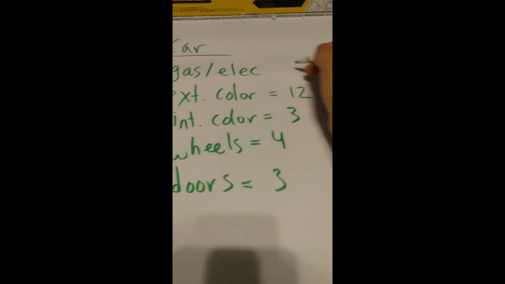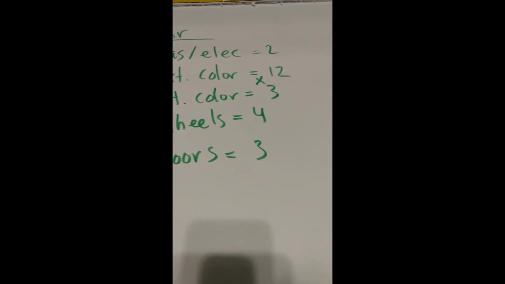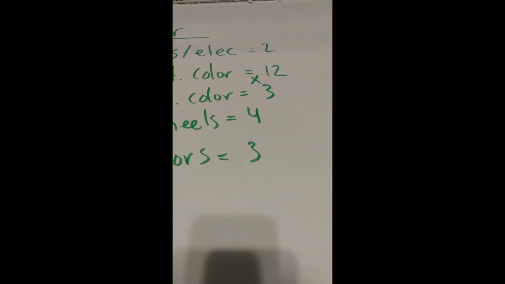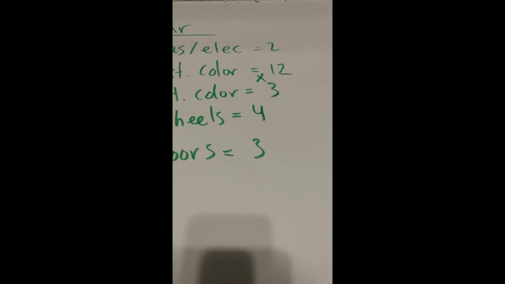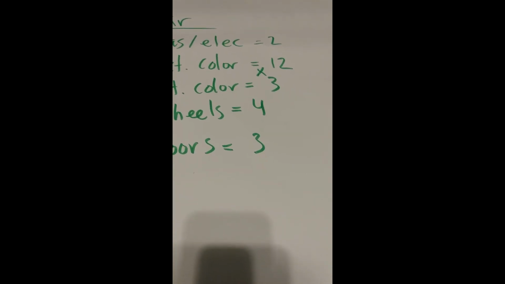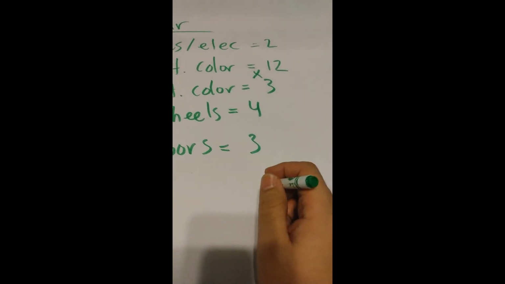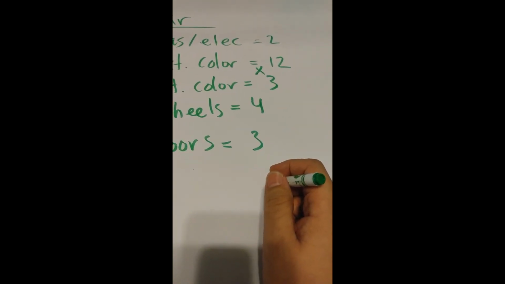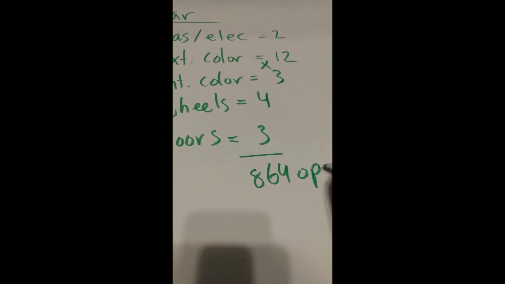Well, if there's gas and electric, then you do 2 times 12 times 3 times 4 times another 3. 2 times 12 times 3 times 4 times 3. Let me double check, make sure I got all the numbers on the calculator. I did, and I got 864 options.